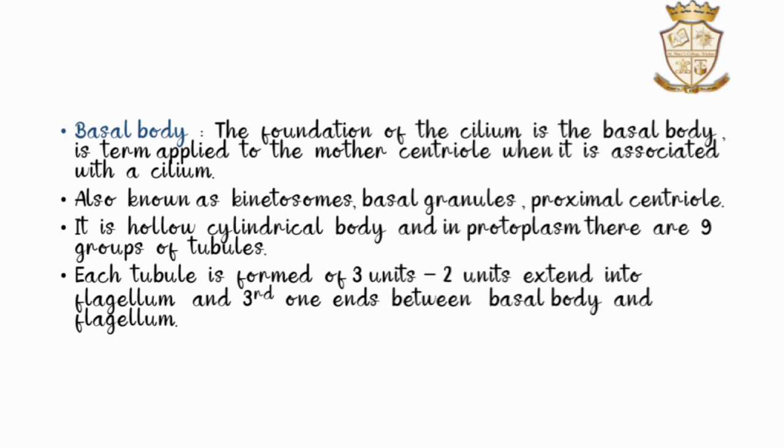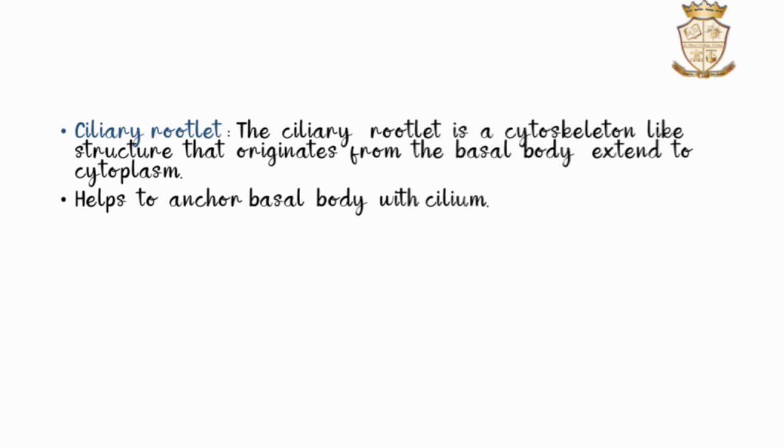Each tubule is formed of 3 units. 2 units extend into the flagellum and the third one ends between the basal body and the flagellum. Ciliary rootlet. The ciliary rootlet is a cytoskeleton-like structure that originates from the basal body, extends into the cytoplasm, and helps to anchor the basal body with the cilium.